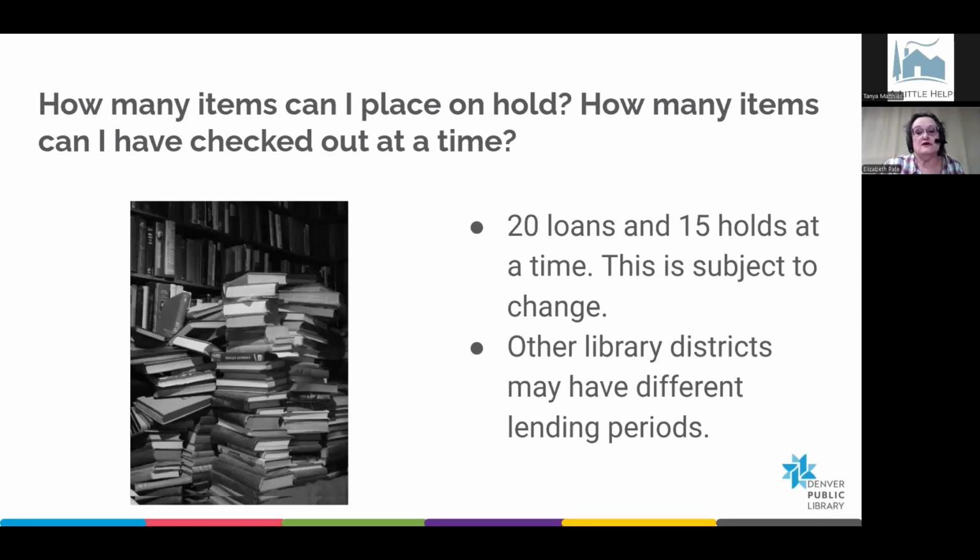Other library districts may have different lending periods than Denver does. You can check with each one and you can either get a card at the other library systems, or if you already have one, just ask for their pamphlet on loan periods and then you'll have that information.